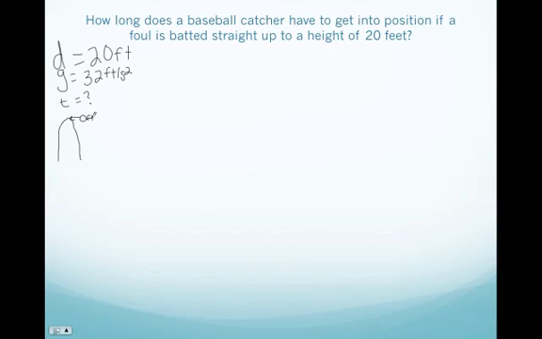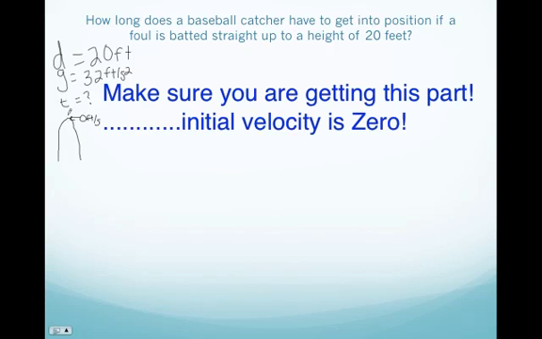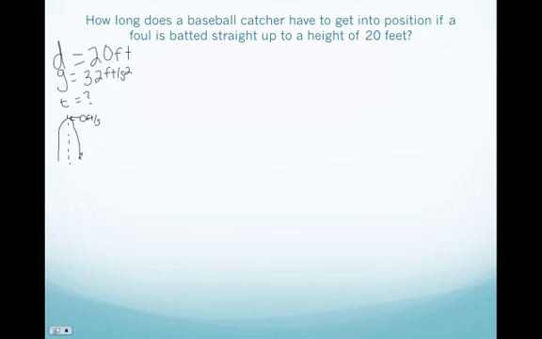Now, how does that help us? Well, if we consider just half of the path, if we split this symmetrical path right down the middle and just deal with half of it, we could use our initial velocity as 0. So I'm going to do that. I'm just going to consider the second half of the path here, from the top on down.